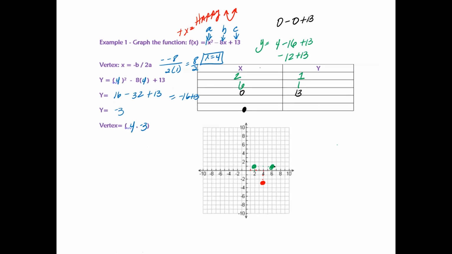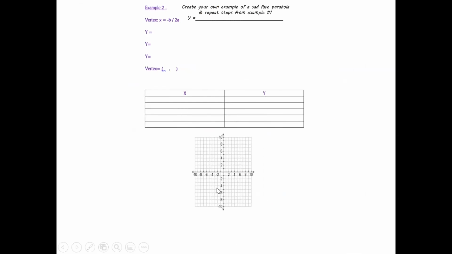But then similarly, if I go 2 steps over here, which is going to be at 8, it's also going to be 13. So now let's connect the dots. You kind of have an idea as to where your parabola is going to be, whether it's narrow or if it's stretched out. And this is your vertex. All right, let's take a look at example 2.